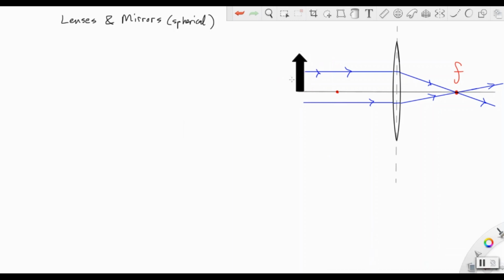That's not actually as simple as we usually will use, but a simple arrow there to represent the placement and height of an object. In other words, I'm interested in how far away the object is from the lens, and I'm interested in how tall the object is, so the size of the object, right?